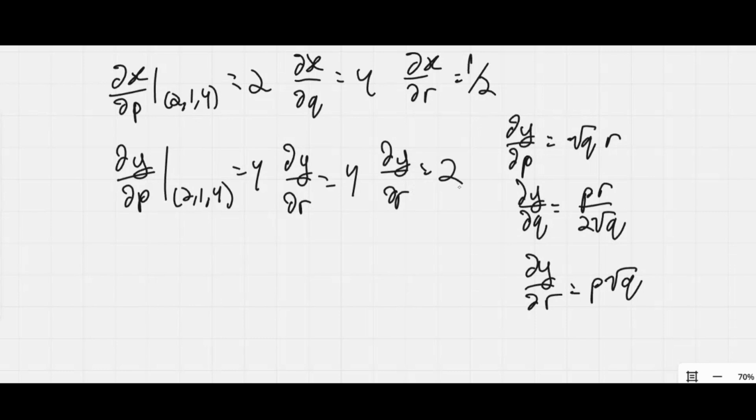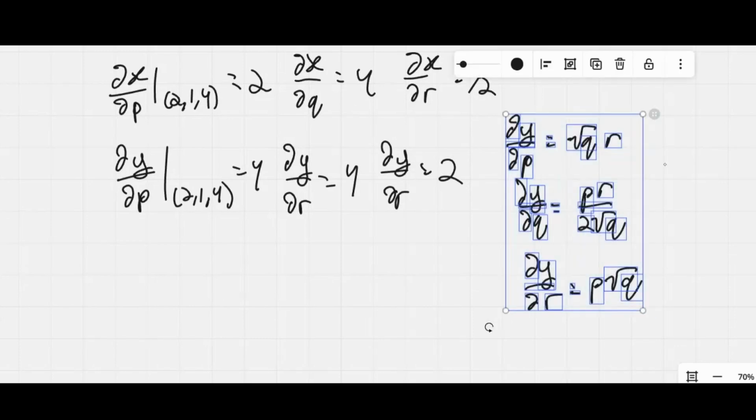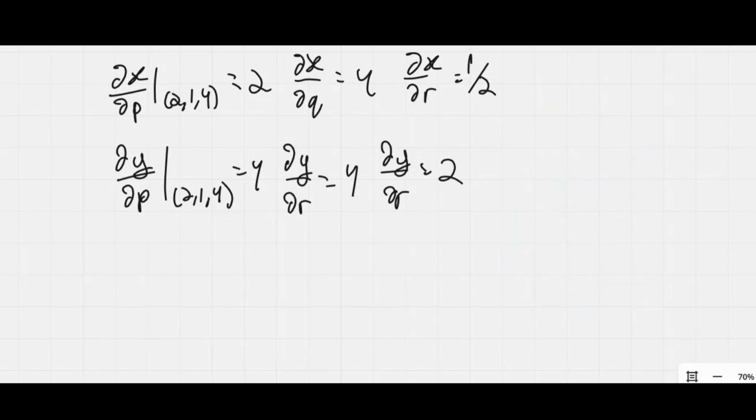All right, so we have our values for del f over del x, we have del f over del y, we have del x with respect to p, q, and r, and then we have the same thing for y. I'm going to delete this value now over here. And so now we can find del f for p, q, and r.